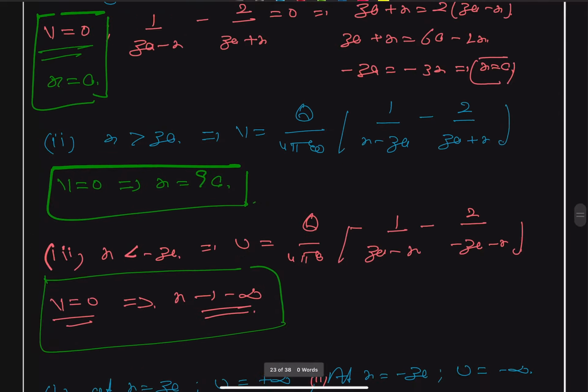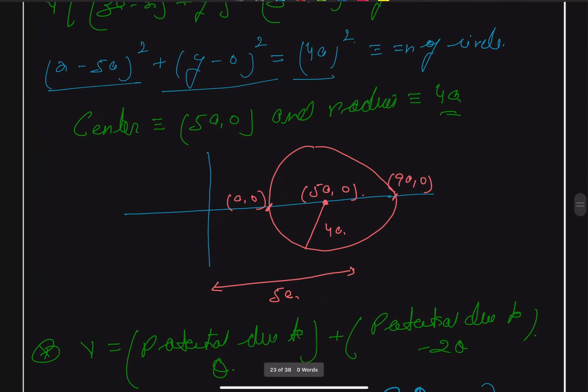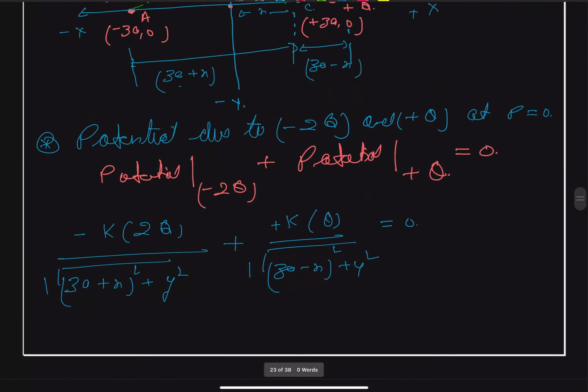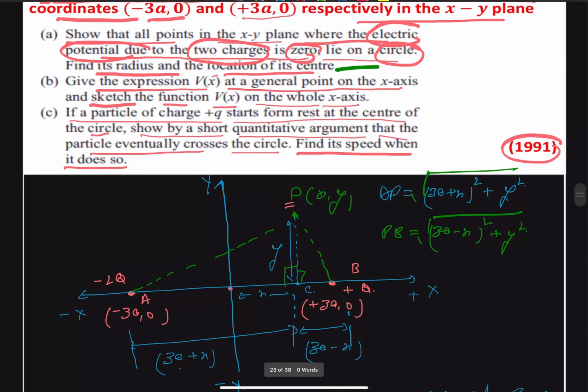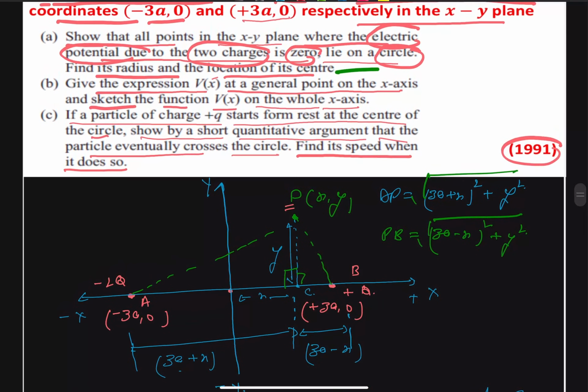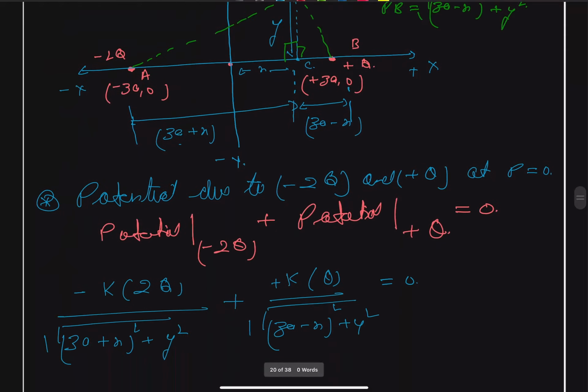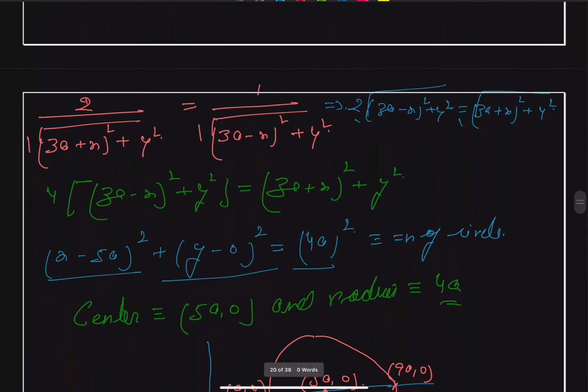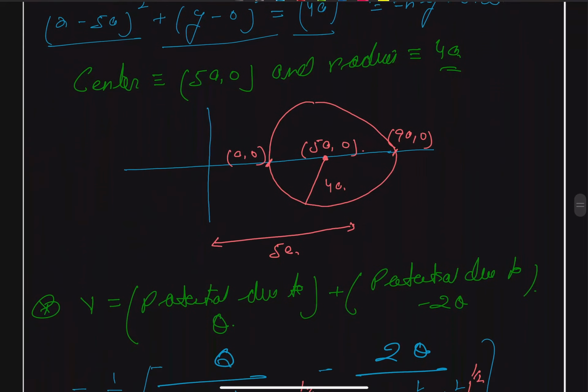And finally we have to find out the C part. If the particle Q starts from rest at the center of the circle, show that it eventually crosses the circle. Okay, so the charged particle is going to start at the center, that is from 5a.